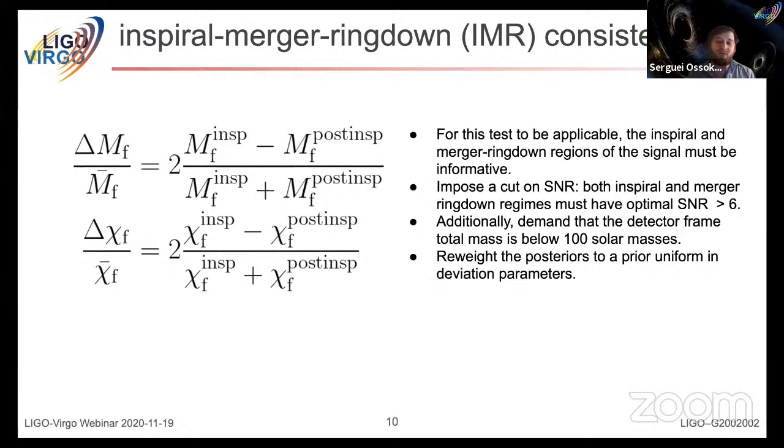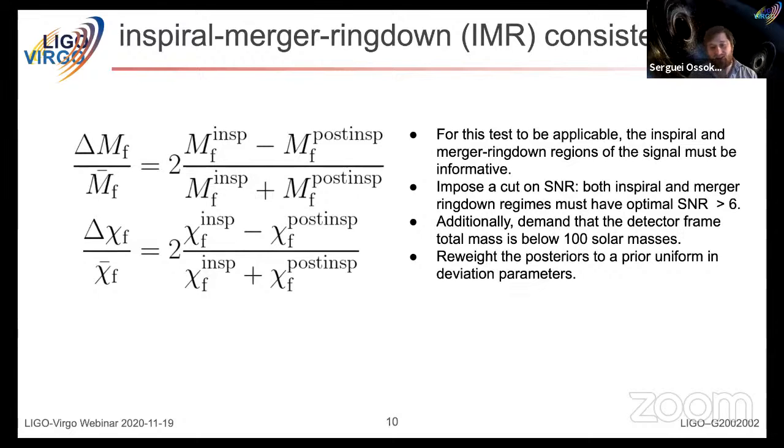In particular, we demand that both the inspiral and post-inspiral regime have an optimal SNR above 6. Additionally, we find that we need the events to have the detector frame total mass to be below 100 solar masses to avoid a large bias. This is because for events larger than 100 solar masses, the inspiral is quite short.